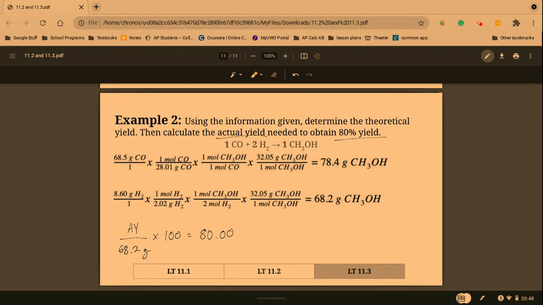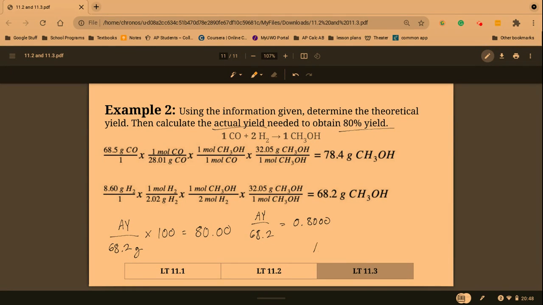And so we can take out that 100, divide each side by 100. So AY over 68.2 equals 0.8000. And so now you would just multiply that 0.8000 times 68.2 so that your actual yield comes out to be 54.6 measured in grams.